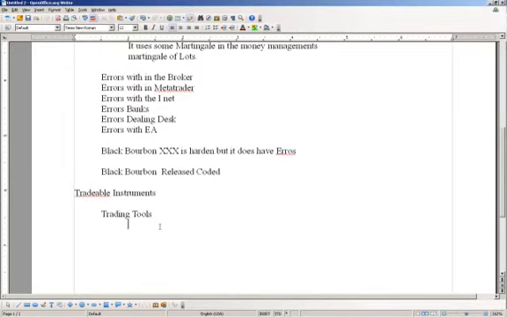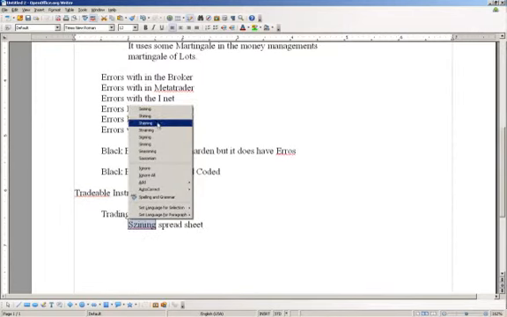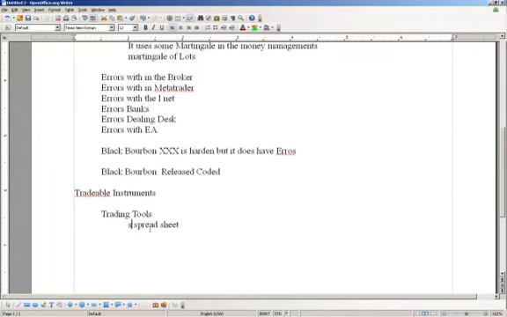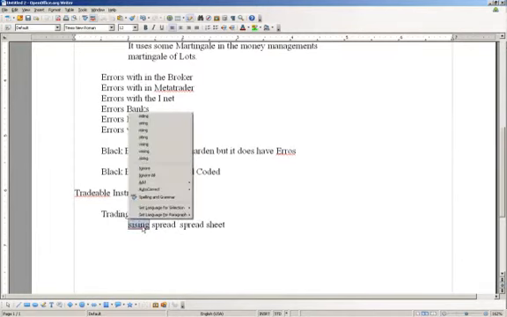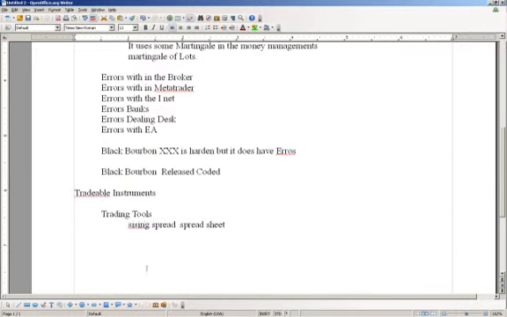Let's bring up the sizing spreadsheet right here. Let's grab that, and I spelled it wrong. We'll fix that in just a second while this thing updates.